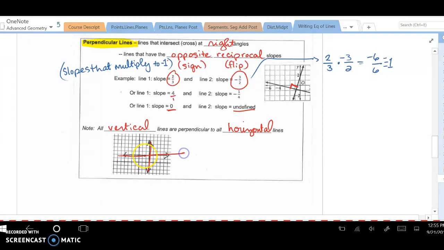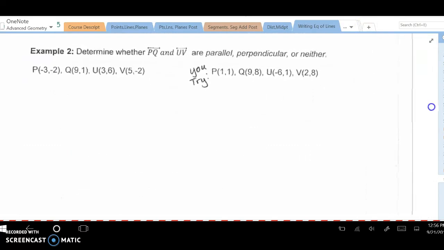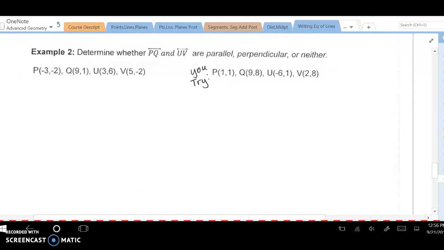And we see a picture of that here. Okay, last example, and then we'll call it good. Determine whether PQ and UV are parallel if they have the same slope, perpendicular if they have opposite reciprocal slopes, or neither.